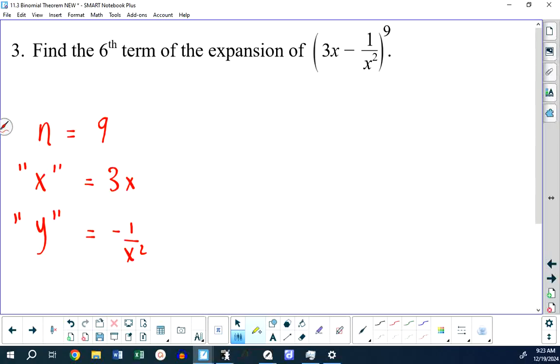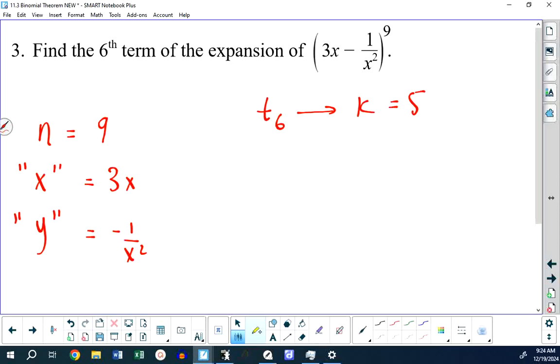Those are the statements for n, x, and y for the first all the way up to the 10th term. Doesn't matter which term we're talking about, we use those things. But for T6, which is what we're after, we use k equals 5.